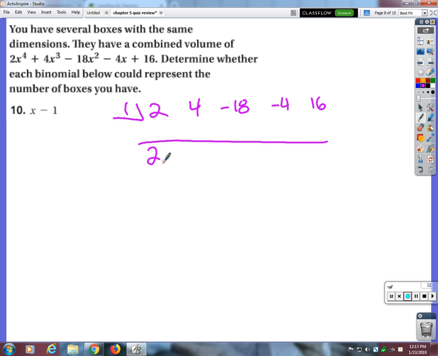Bring down the 2, multiply and get 2. 4 and 2 is 6, multiply and get 6, add. I'm always adding these together and then multiplying with those. So since we got 0 as a final answer, that means our answer is yes.